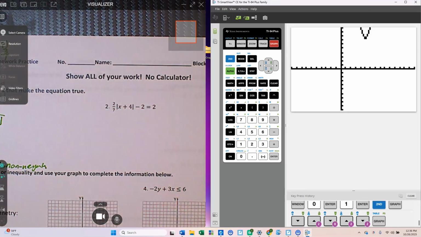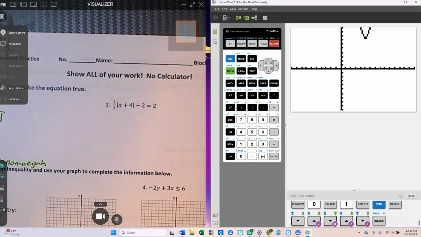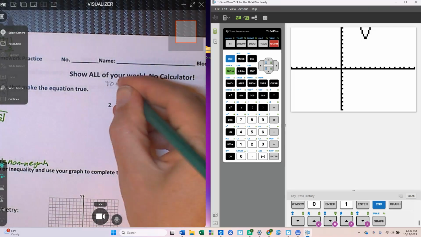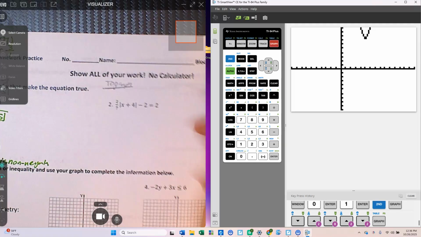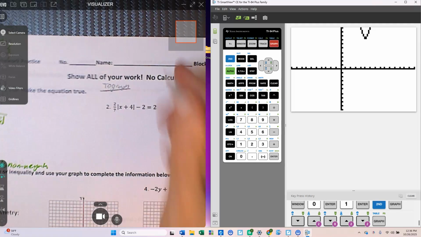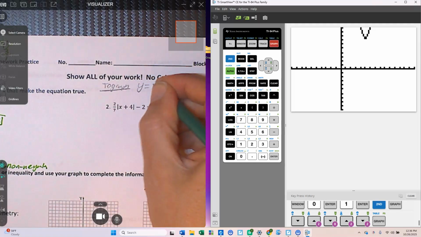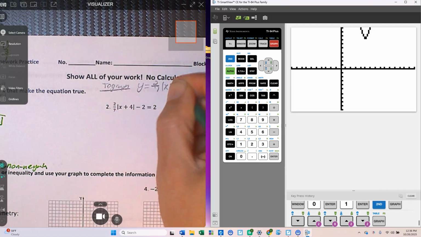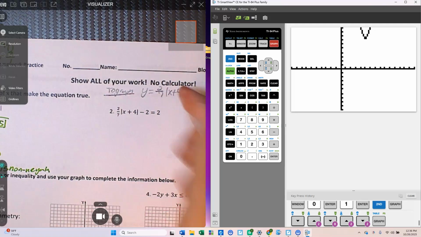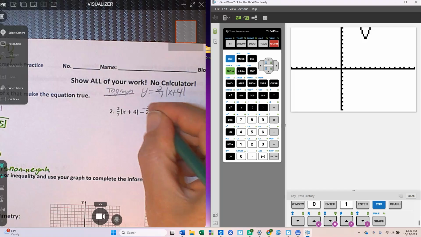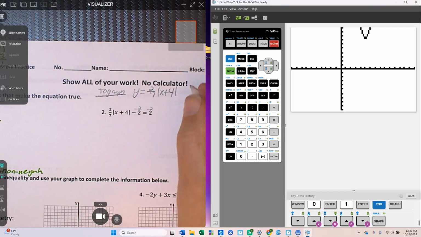Okay, let's take a look at this one. If I want to graph this one, you've got to get this side equal to 0. So to graph it, you'd have y equals 2/7 x plus 4. And if I go -2 this way, this is the only way you can graph it, is I get -4.